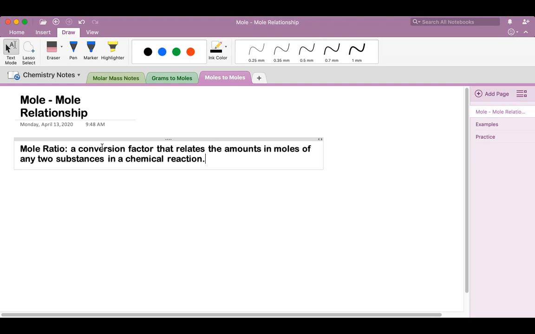So we know how many moles of what we start with we have. We know how many moles we should get of what we're going to be creating.